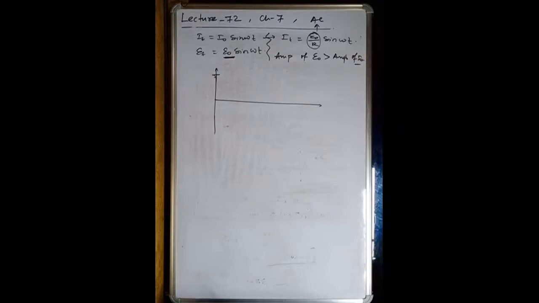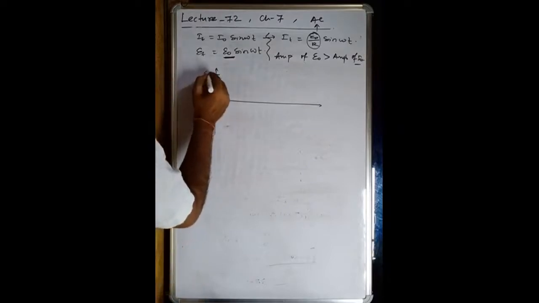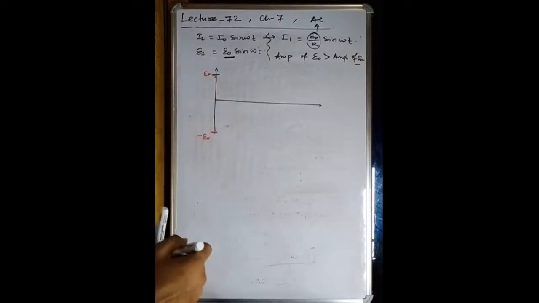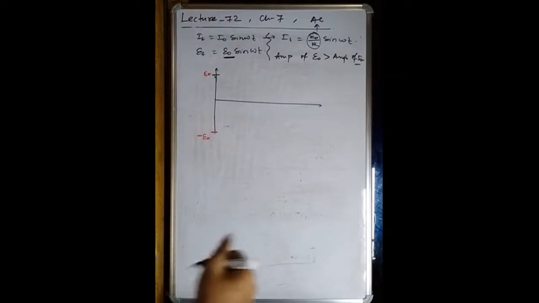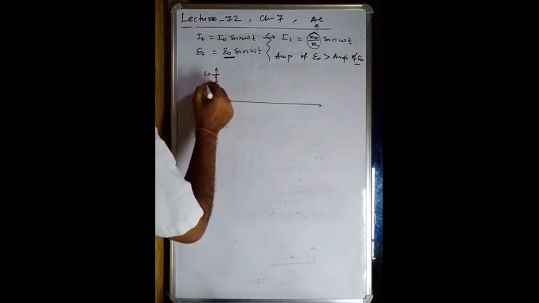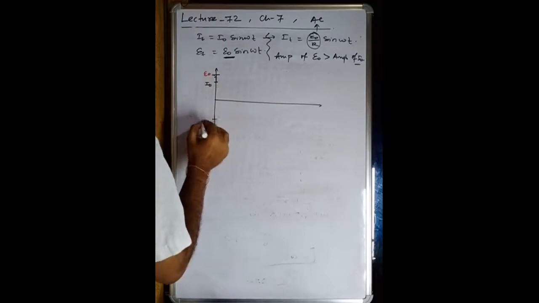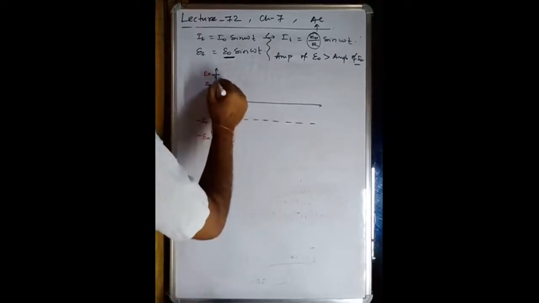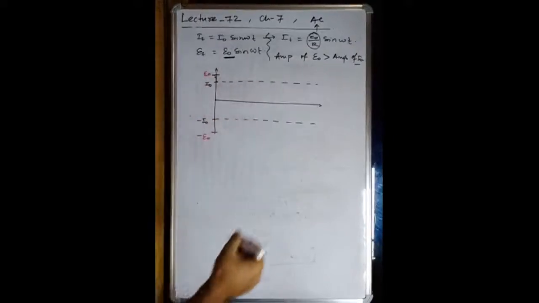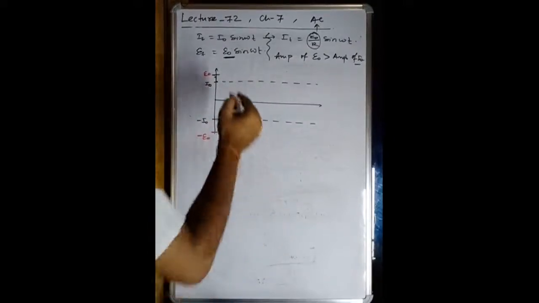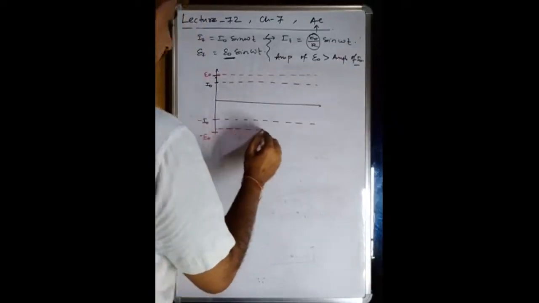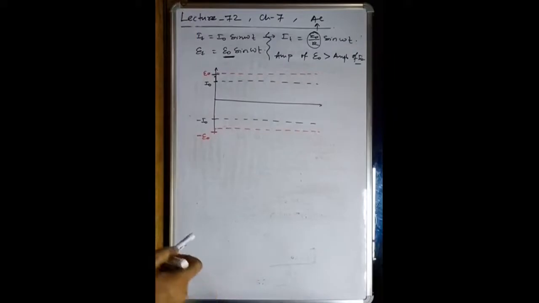If this is the peak value of voltage E naught and this is minus E naught, and this is I naught and minus I naught, so we can draw the graph. You must be careful while drawing the graph. You have to study one quantity that will be studied as the phasor diagram. We will study it later on.